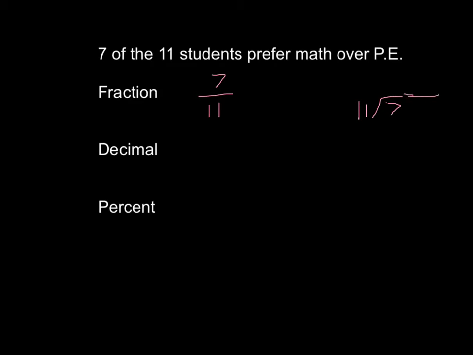Now, 11 does not go into 7, but it does go into 70 6 times. 6 times 11 is 66. Subtract. Add a 0. 11 goes into 40 3 times. 11 times 3 is 33. Add a 0. Bring it down. 11 goes into 70 6 times.